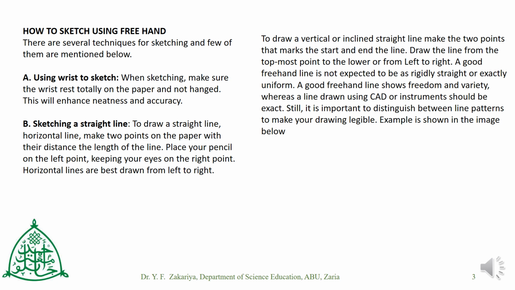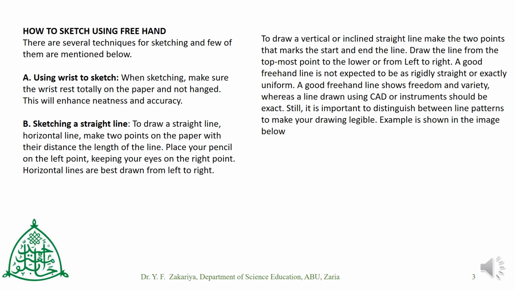Secondly, sketching a straight line. To draw a horizontal straight line, make 2 points on the paper, with their distance being the length of the line. Place your pencil on the left point, then keep your eyes on the right point.